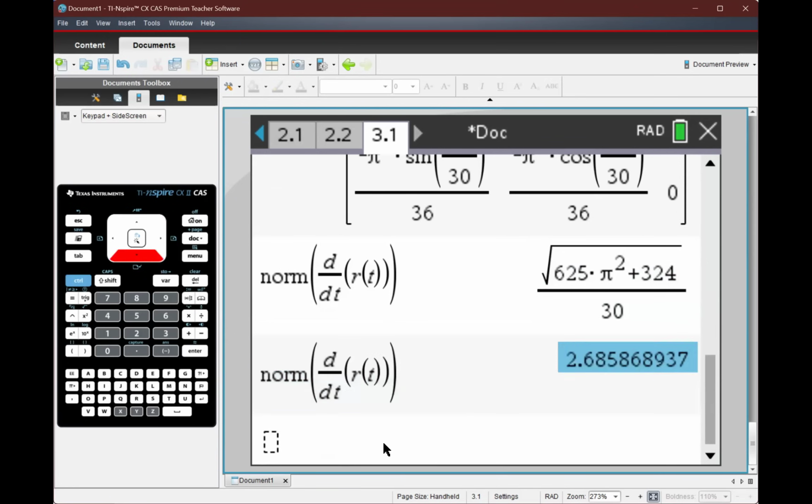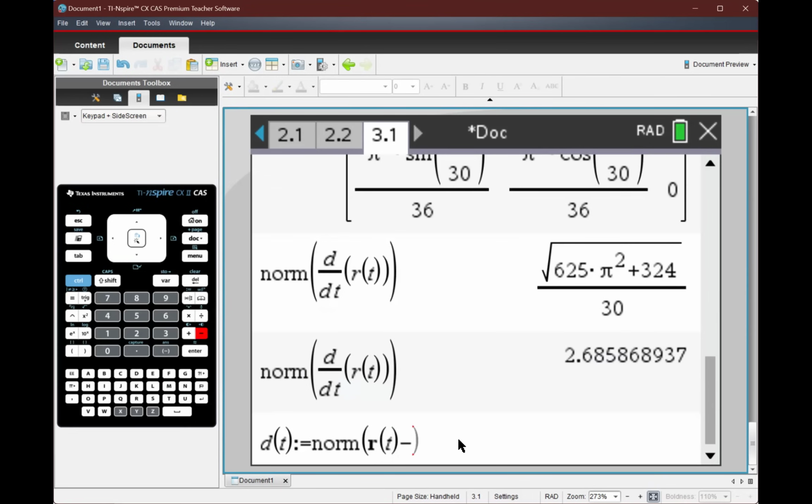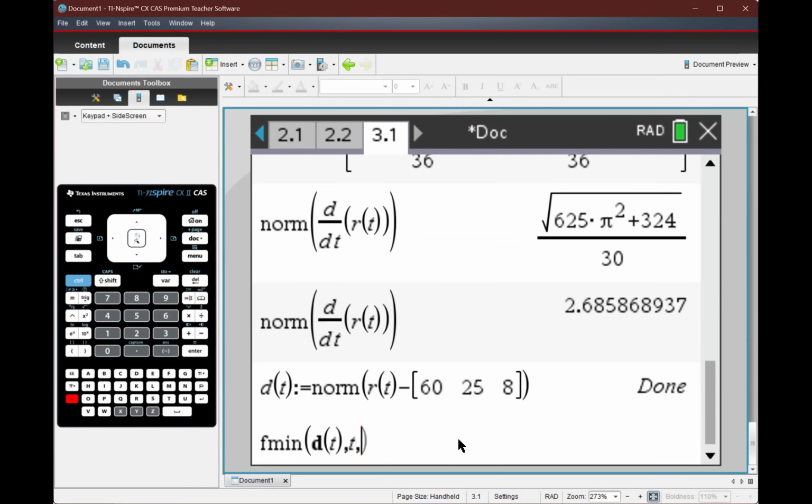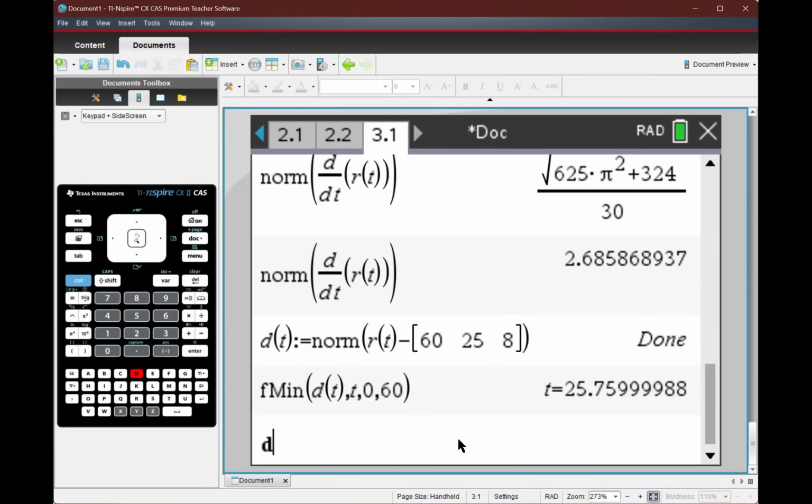And the last part of the question wants you to get the minimum distance of the drone to the top of the tree. So you may want to define a distance function, norm of r(t) subtracting (60, 25, 8). And fMin of d(t), between 0 and 60, 1 period.